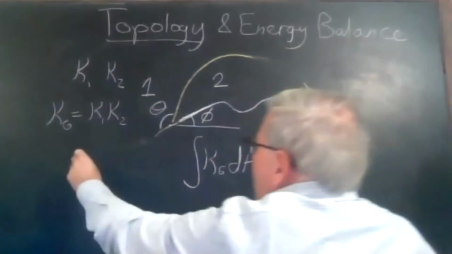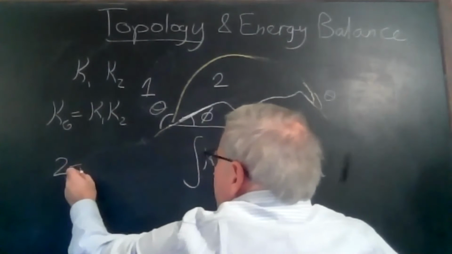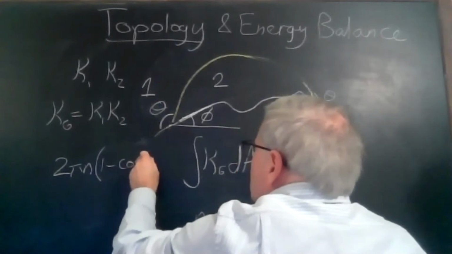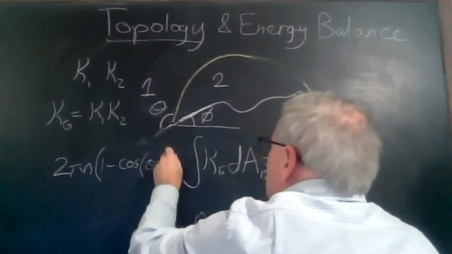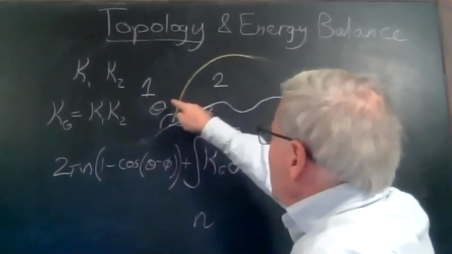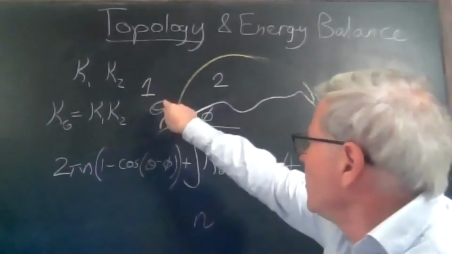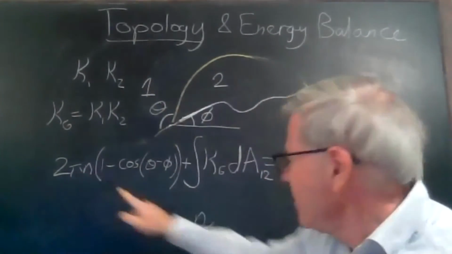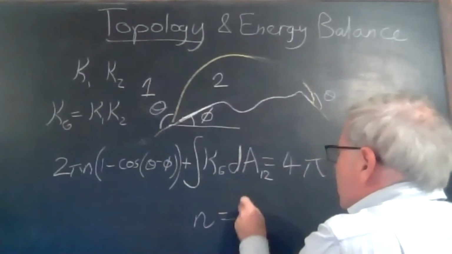And then we have another term here, and I'm not going to show the derivation. This additional contribution due to the discontinuity can be written as 2 pi n, where n is the number of contacts.